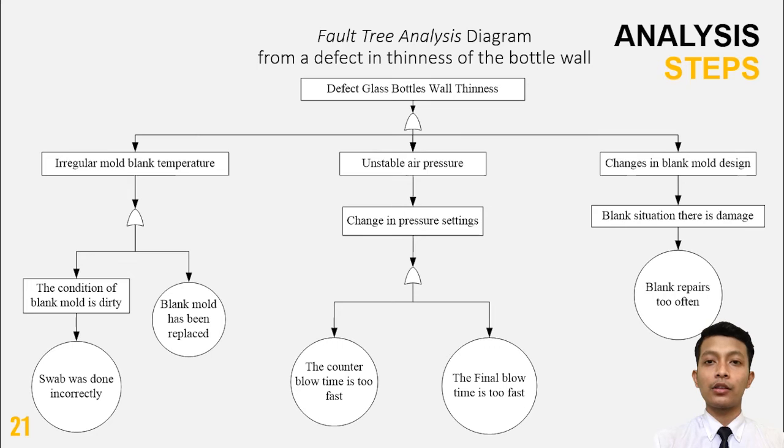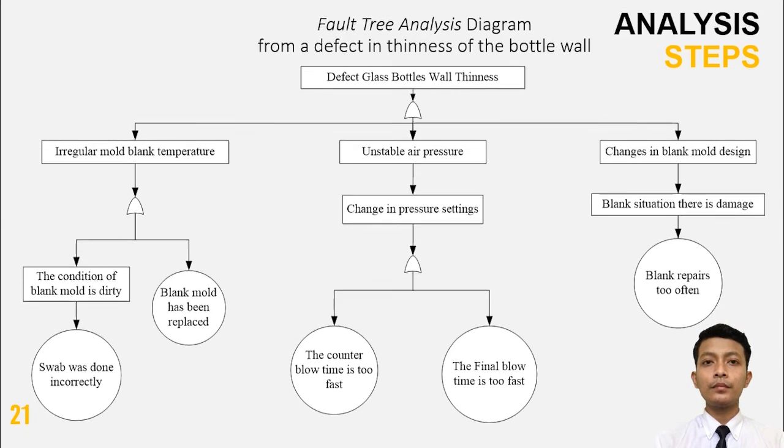Unstable air pressure is caused by a change in the air pressure setting, and the change in pressure setting is caused by the counter blow time being too fast and the final blow time being too fast. Change in blank mold design is caused by damage to the blank, and by blank repair being done too often.